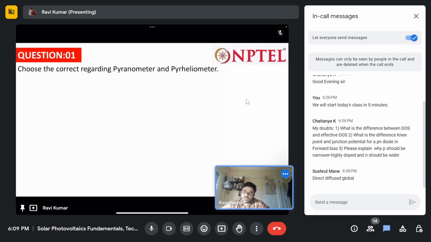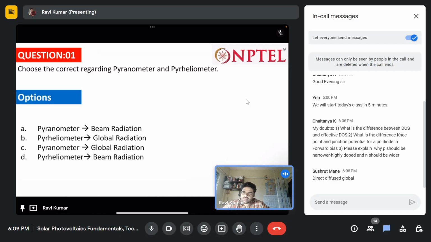It says choose the correct statement regarding pyranometer and periheliometer. These are the two devices used to measure direct radiation and diffuse, or we can say global, radiation. These are the options. Just let me know if you know about pyranometer or periheliometer. If you don't know, just let me know via the chat box. I'll tell you what these devices are.